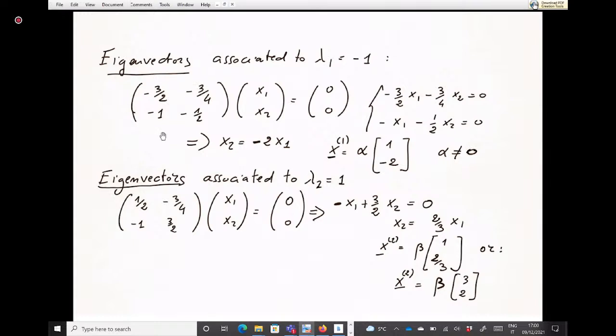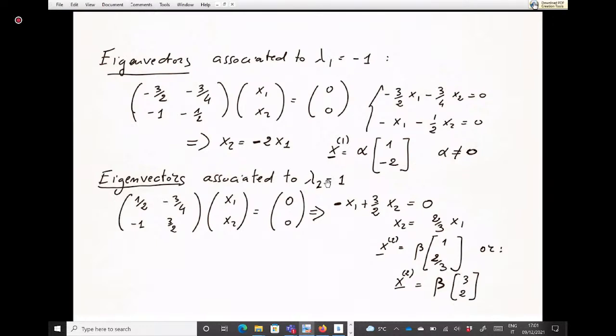The second equation is the first equation multiplied by 2/3. And I can use, for instance, this one, because the two equations are equivalent. So x2 is equal to minus 2x1, meaning the second component is minus twice the first component. This is the usual way to write the associated eigenvector.